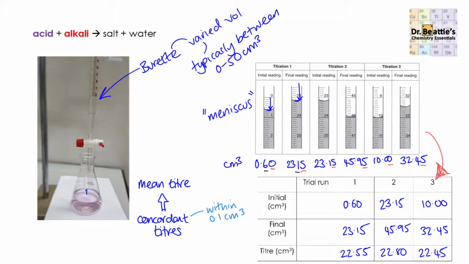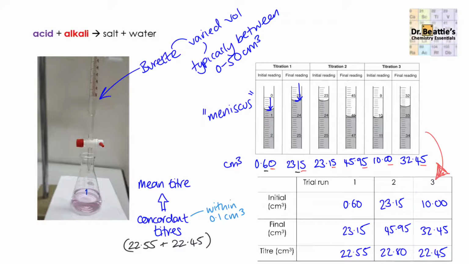If you look at our data set here, titration runs 1 and 3 are both within 0.1 centimetre cubed of each other, just within that limit, so we could use them to work out the mean titre. However, 22.8 is too far, so we cannot use this to work out the mean titre.